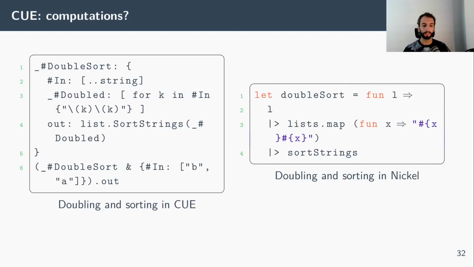But it's not very ergonomic. There have been some discussions about adding a better syntax for that. Maybe that would help. But I want to say that if you compare to the example on the right that does the same thing, if you start to have functions, even in a restricted way, then I guess this functional syntax is more adapted or more readable than this kind of encoding on the left.